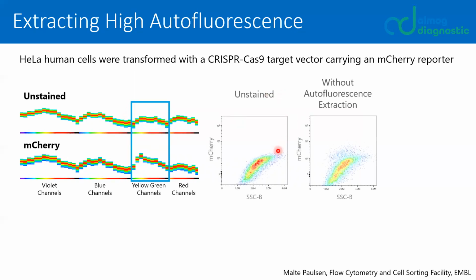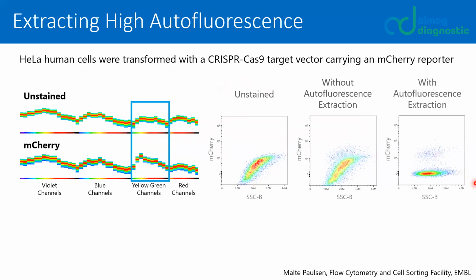So when we are looking at the unstained sample, we can see high autofluorescence, and without autofluorescence extraction, the positive mCherry signal cannot be easily resolved from the negative signal. But after autofluorescence extraction, we can clearly see our positive signal and how nicely it's resolved from the negative signal. And now we can gate on this positive signal very easily.